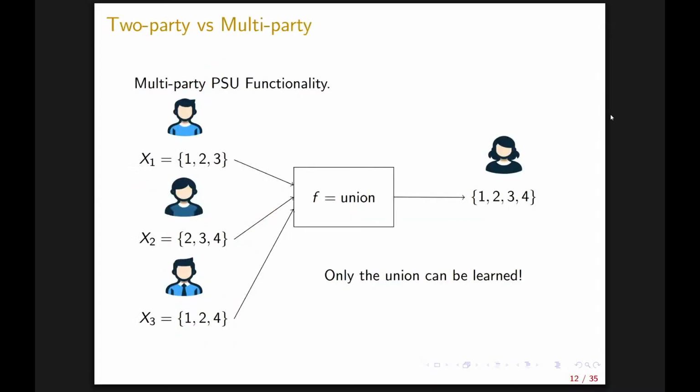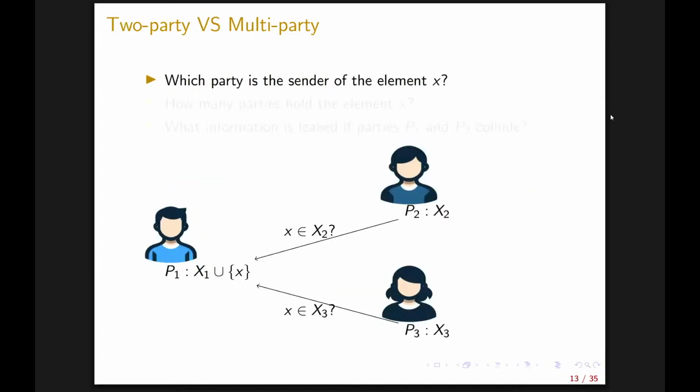So before going into two-party, multiple party, I just have a very quick hint here about what we want to compute. What is the functionality for multiple parties? Again, we have several parties, they want to compute the union only, right? So the main challenge here is, if we use two-party PSUs, the question is who sends the union item to the receiver?